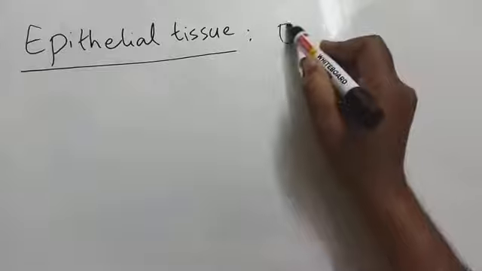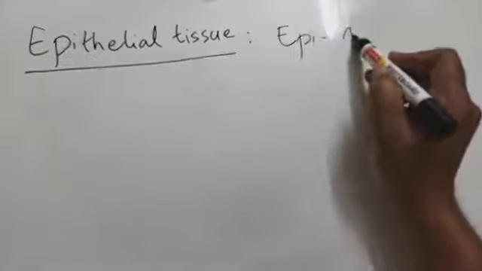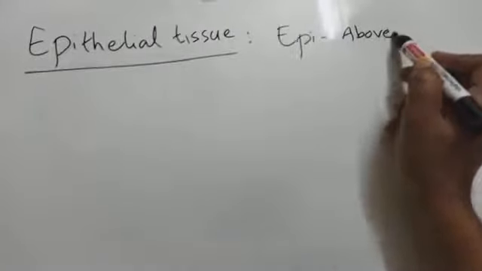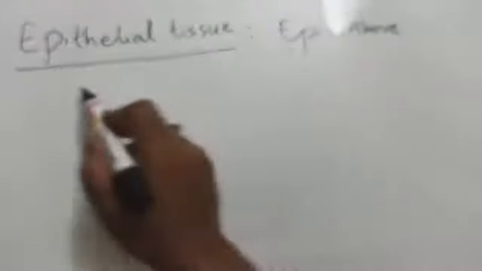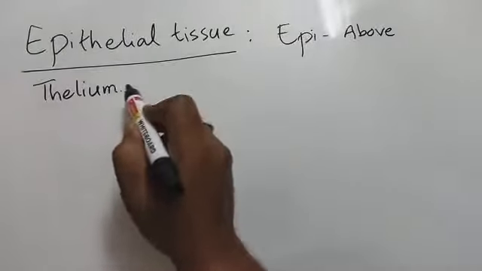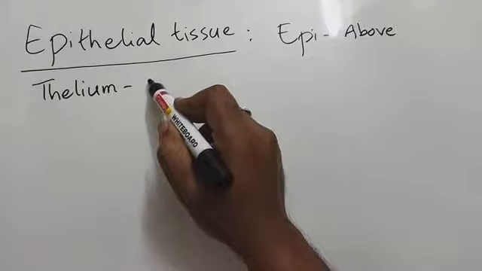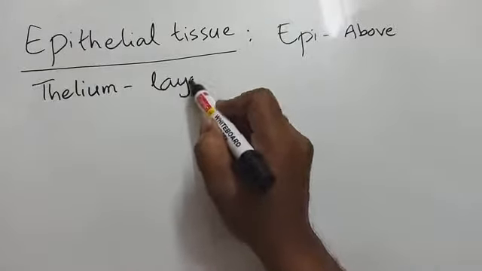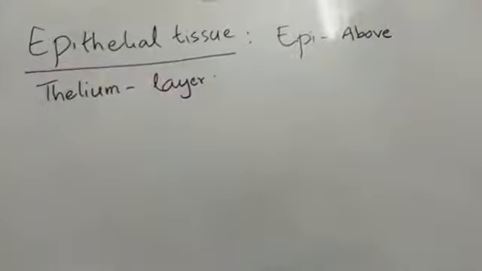Epi means above, thelium means layer, like an outer layer. In the case of plants, epidermis covers the entire surface of the plant.